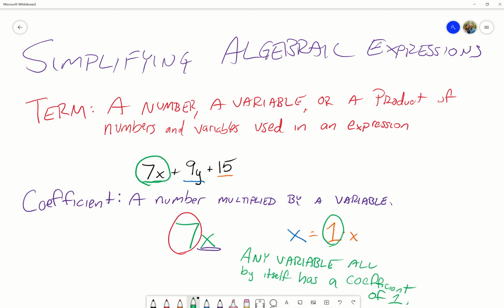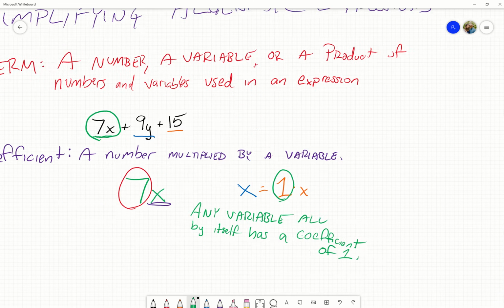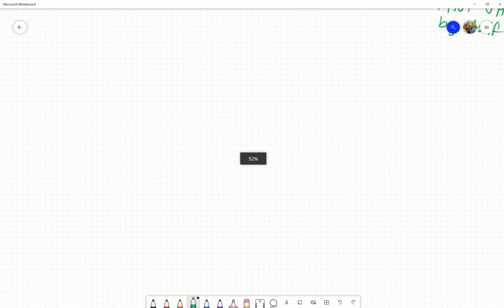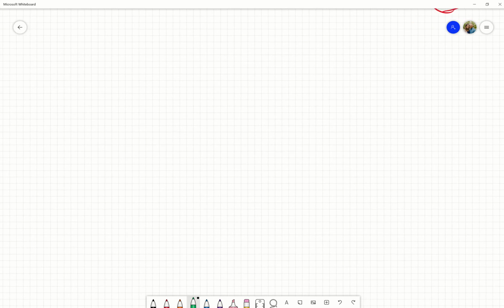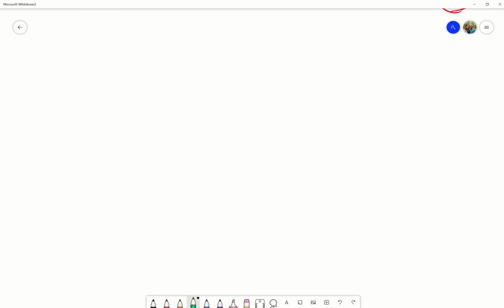All right, so just like we have terms, we have these things called like terms. And so like terms are terms with the same variables raised to the same power. Actually, we'll write that one down too. That one's important to know.